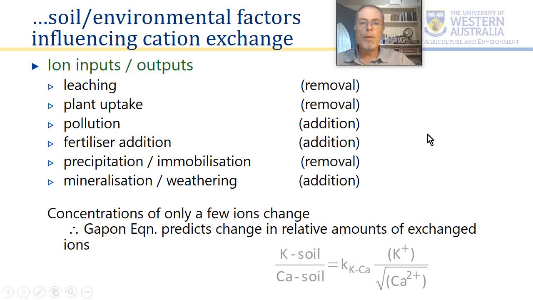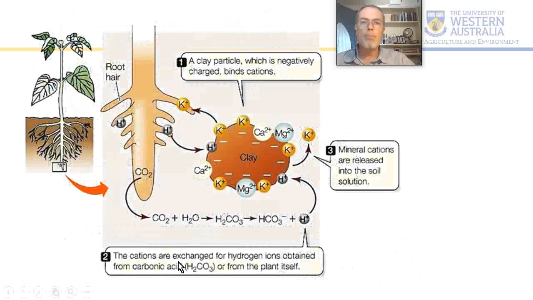Other types of reactions result in removal of one ion relative to other ions. Okay, so the concentrations of only a few ions change. Therefore, our ratio in solution will change the balance of ions on cation exchange surfaces according to the Gapon equation. All right. And this is an idea which we will extend when we talk about soil acidification, but here we go.